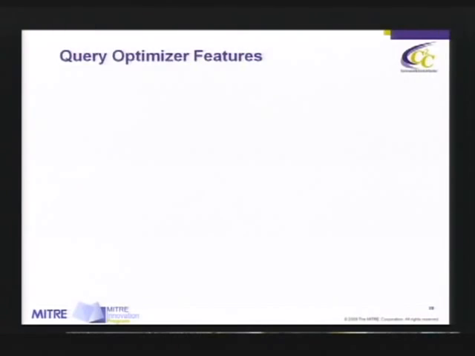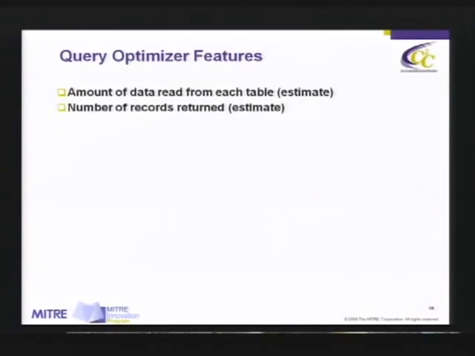So what features are we explicitly pulling out of the query optimizer? The first thing we can get is an estimate of how much data is going to be read from each table. It's going to depend on the exact query. It's dependent on the statistics that are being maintained. So it's just a guess, but it's usually a pretty good guess. We get an estimate of the number of records that are going to be returned by the final query.